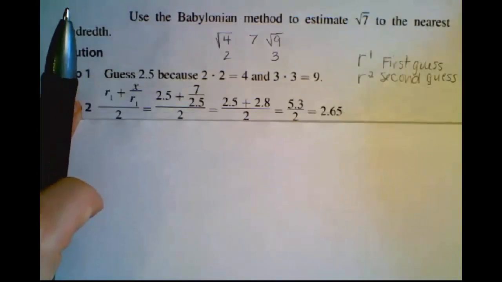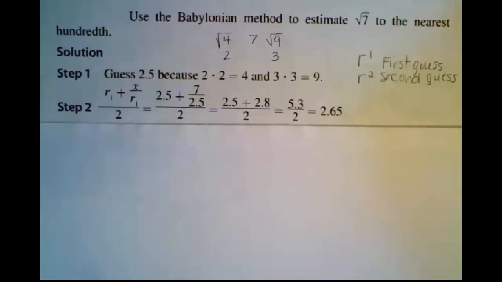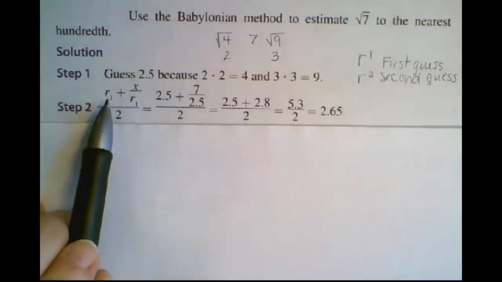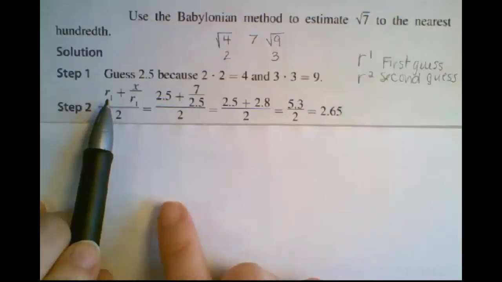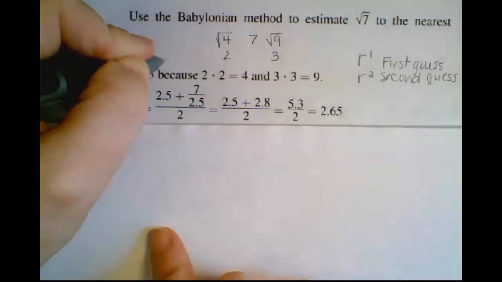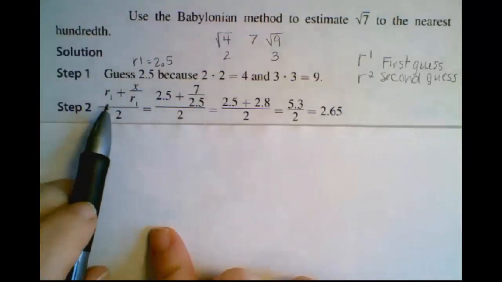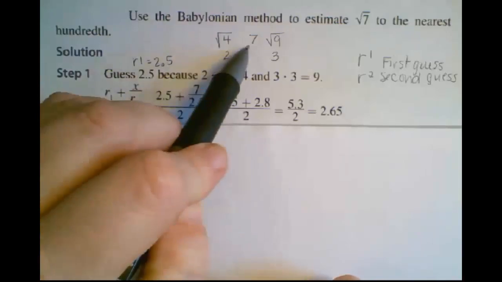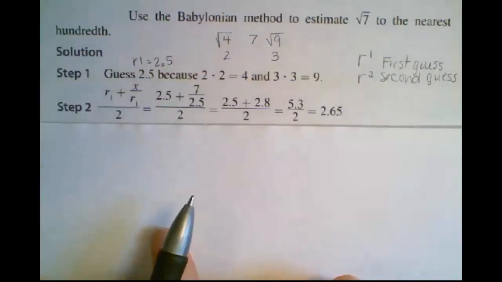Now what you're going to do, and this looks complicated, but stick with me here. You're going to take your R1, which is your first guess, which is 2.5, plus X, which is your original number here, 7.